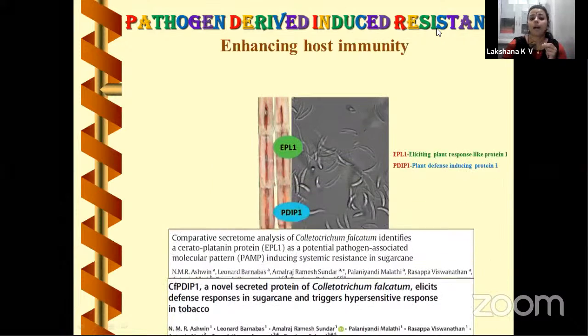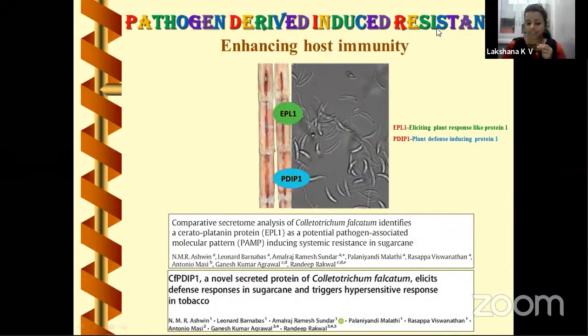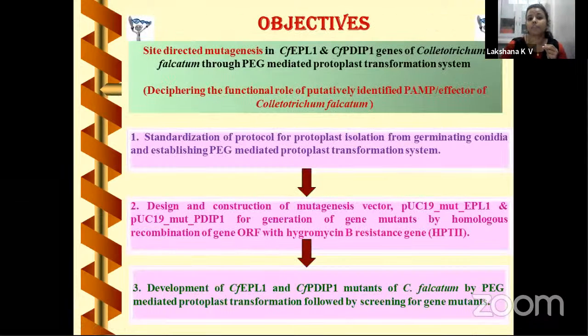So Ashley et al., from a research group, have identified two pathogen signatures, namely EPL1, eliciting plant response-like protein 1, and PDIP1, plant defense inducing protein 1, as a putative PAMP and effector that have the potential to trigger innate immunity in sugarcane. So to decipher the functional role of the putatively identified PAMP and effector of C. falcatum, site-directed mutagenesis in EPL1 and PDIP1 in Colletotrichum is essential.